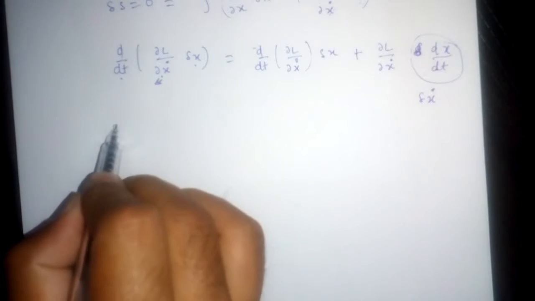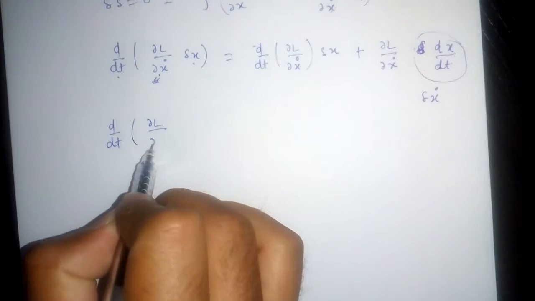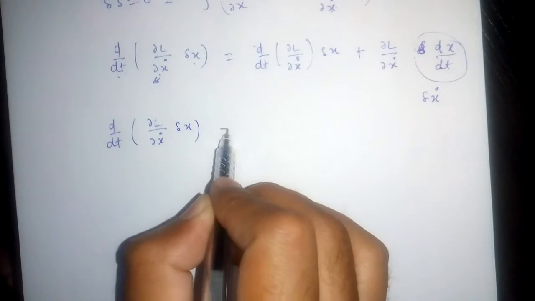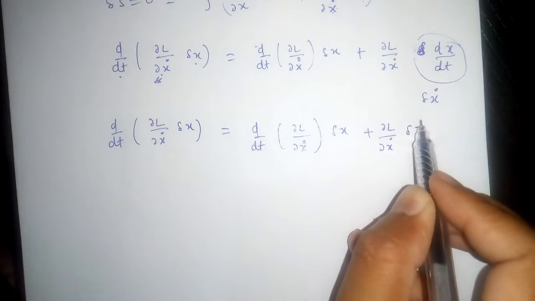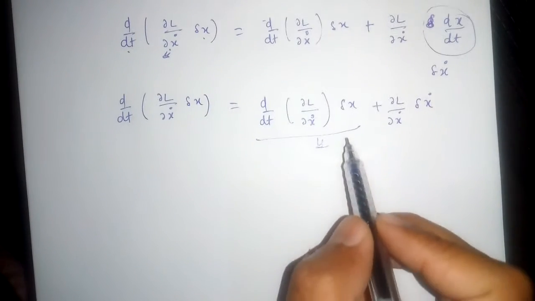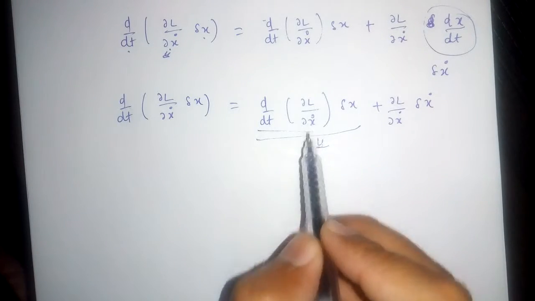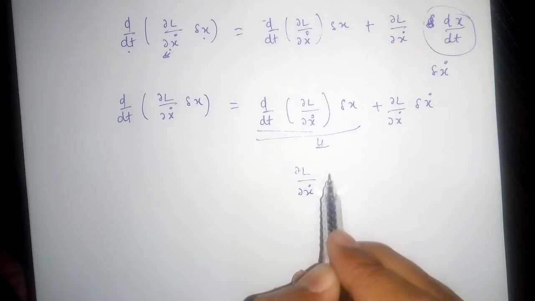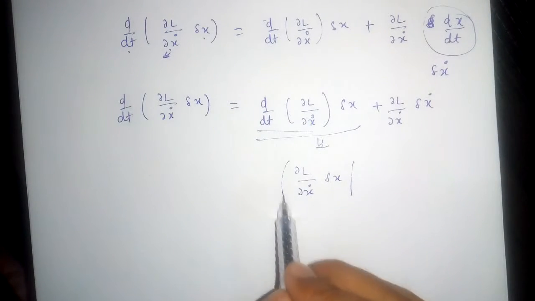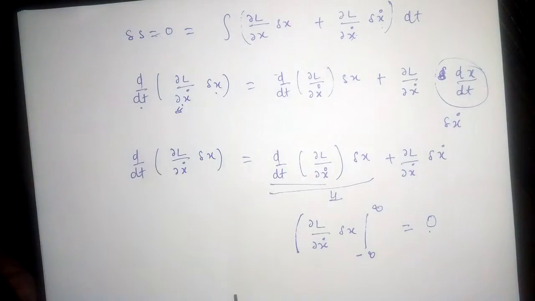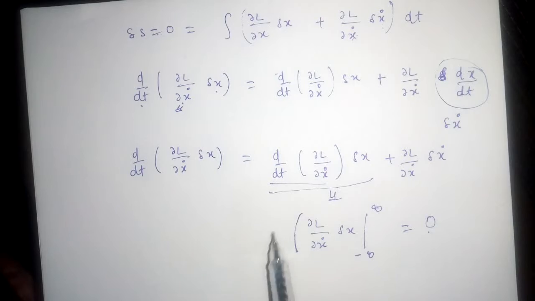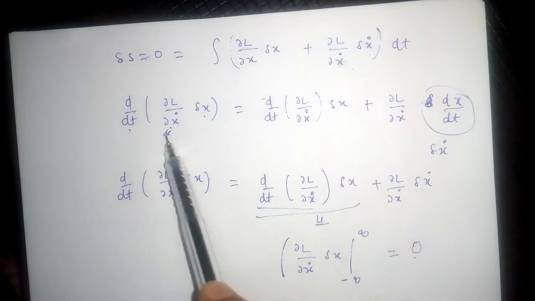So here these terms will be a perfect differential, so if we take integration on this, and we know that del L upon del x dot times delta x with boundaries will be 0, then from this equation you can put the value of this from here.